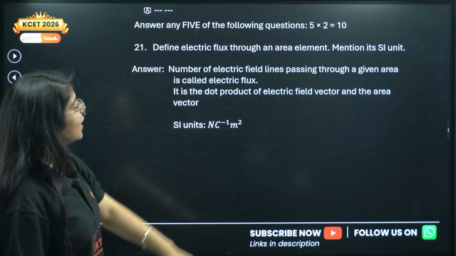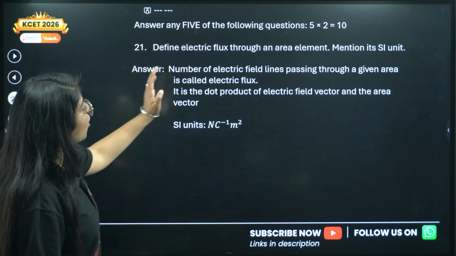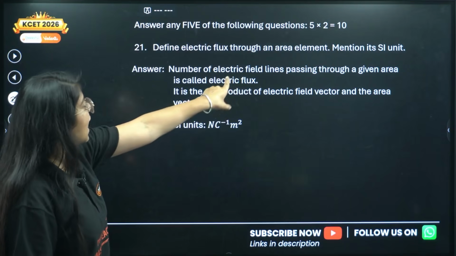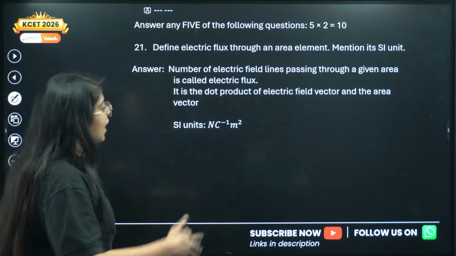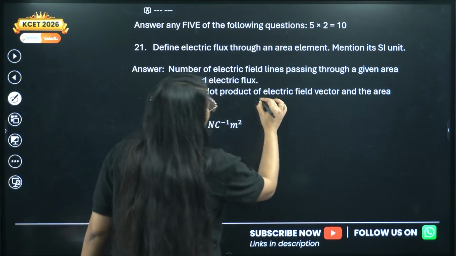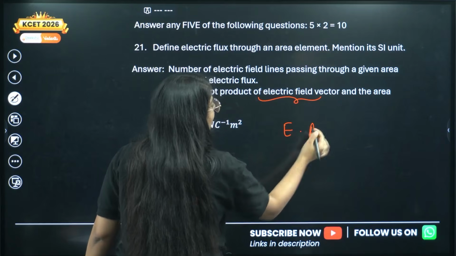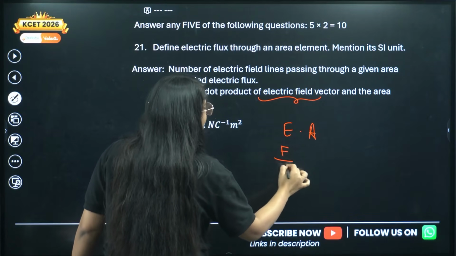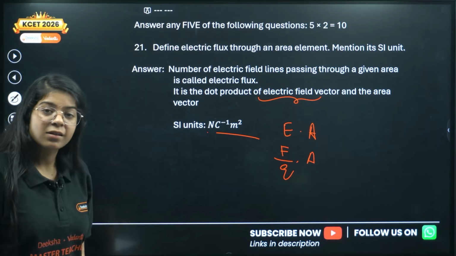Number of electric field lines passing through a given area is called electric flux. It is the dot product of electric field vector and the area vector of that area element. And its SI unit, since it's a dot product of electric field and area vector, electric field into area, and electric field is nothing but force by charge, into area. So this will be Newton per coulomb meter square.